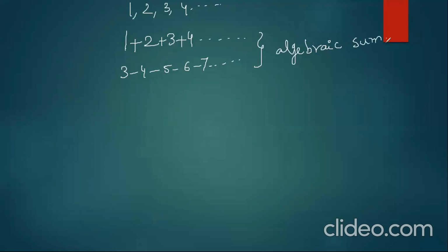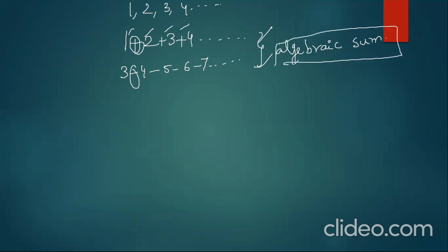If the terms of a sequence, these are terms, we know, T1, T2, T3, T4, are connected by either a positive or negative sign, then we get some expression, an algebraic sum. Whatever algebraic sum we get can be called a series.